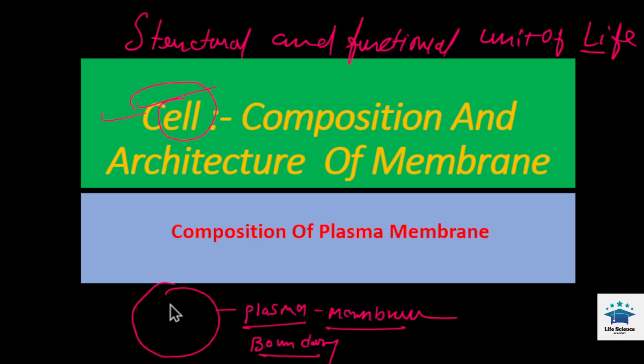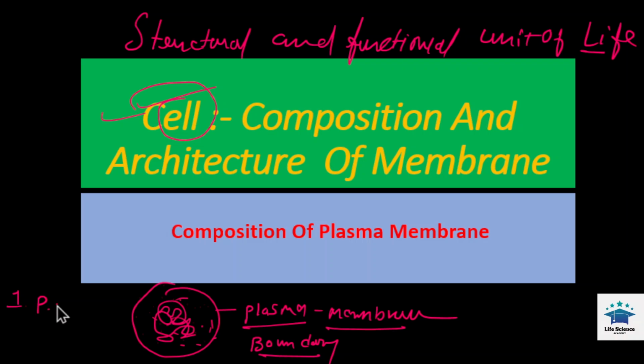Under the plasma membrane, there will be the presence of cytosol. So this is the cytosol. Under the cytosol, there will be presence of nucleoid in case of prokaryotic cell and nucleus in case of eukaryotic cell. So this is the basic composition of cell. Every organism possesses three things common.